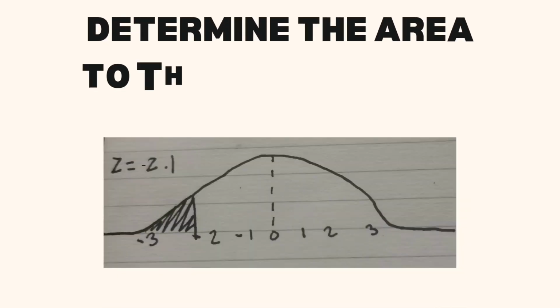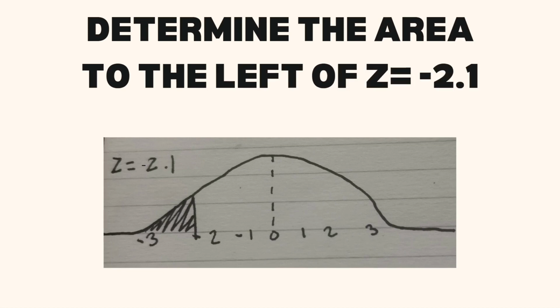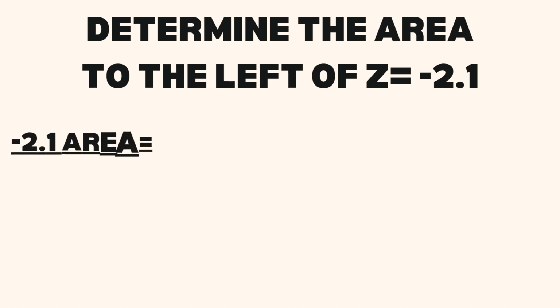Let's determine the area to the left of z equals negative 2.1. Now, the example has a negative, but from the z-table, both positive and negative have the same value. Since z is equal to negative 2.1, the area will be 0.4821.